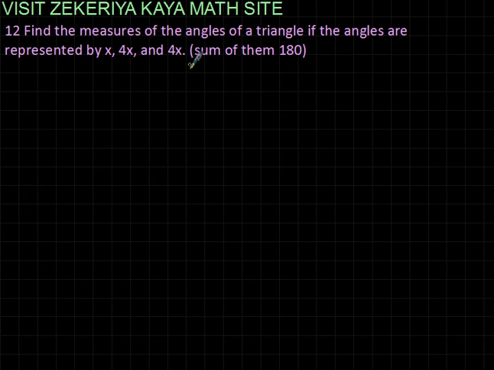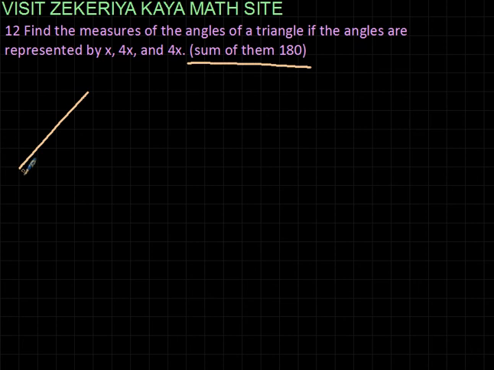Actually, I added this part for you because some of you may not remember that the sum of interior angles of a triangle should always be equal to 180. Actually, in the real question, this part is not written. So, there should be a triangle.